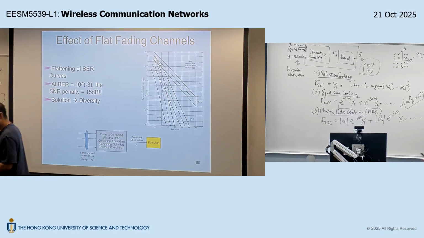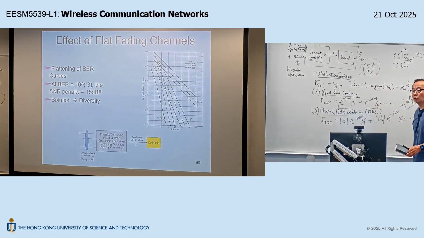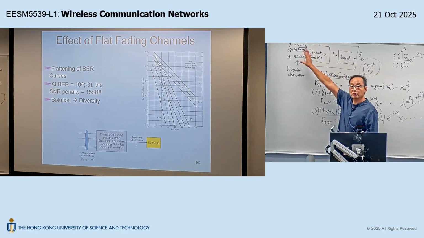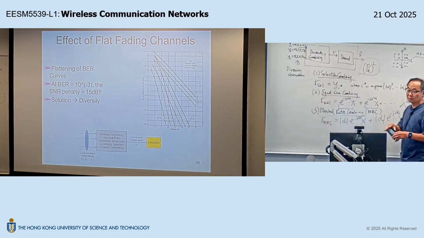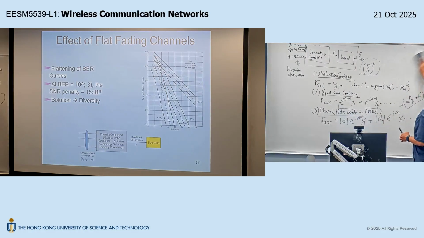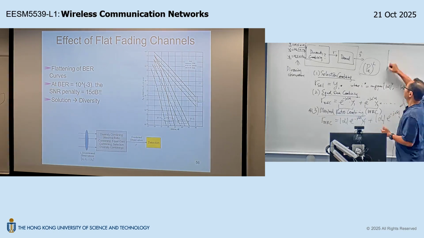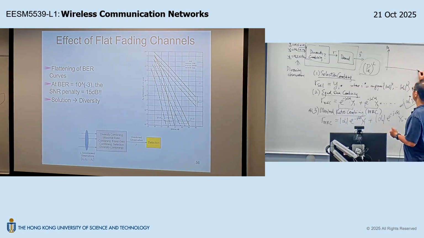Okay? So these are the three most commonly used methods to make use of these so-called diversity observations before making a decision. Now, the thing I want to emphasize is, so this is the best, right? As I said, this is the optimal way to combine. But if you compare the performance, if this is log scale of the error probability, this is signal to noise ratio, also in log scale. The differences in this scheme is like this.